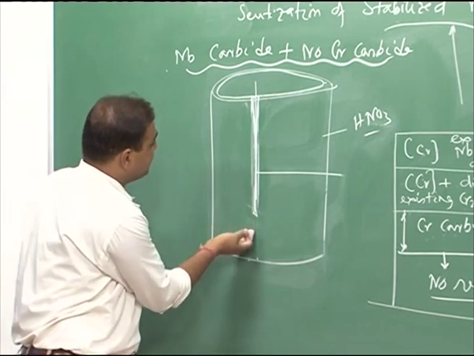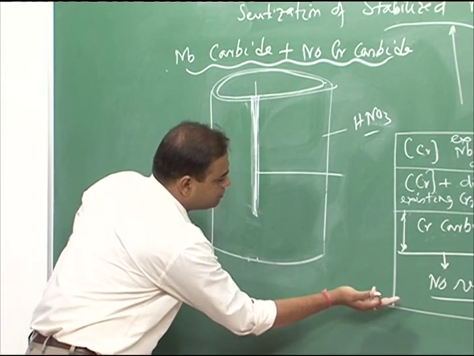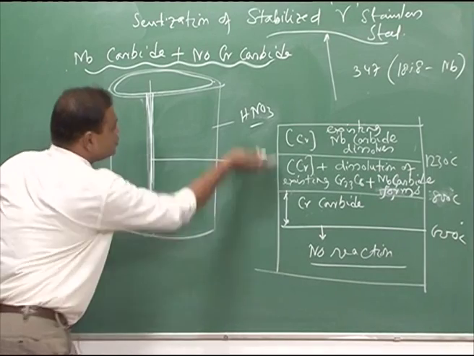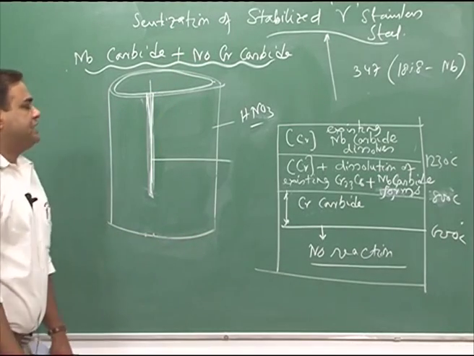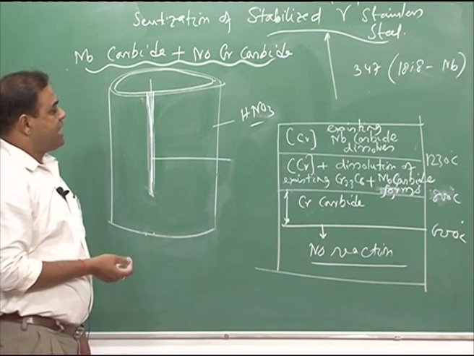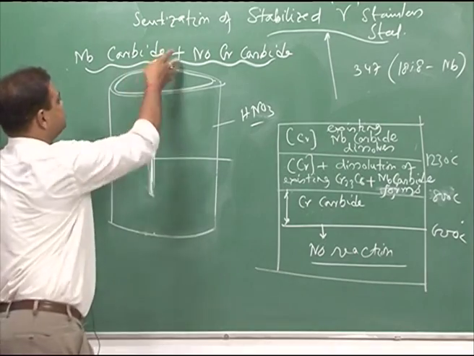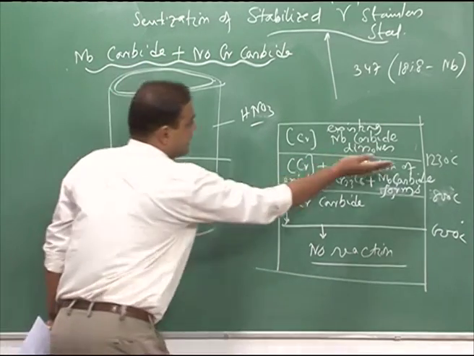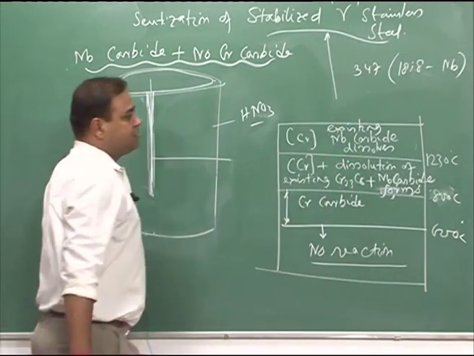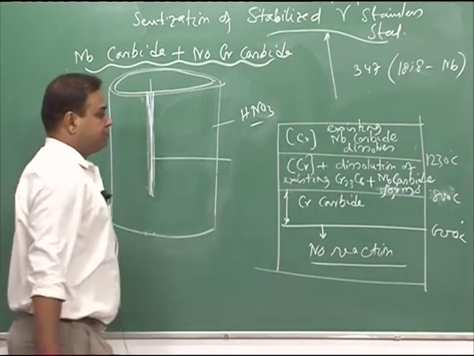Now, during welding, I have heated the material from room temperature to the melting temperature or beyond. And once we take it to the melting temperature, everything dissolves, because we see that beyond 1230, niobium also goes into solution, chromium also goes into solution.